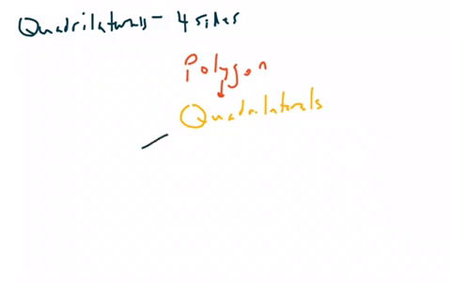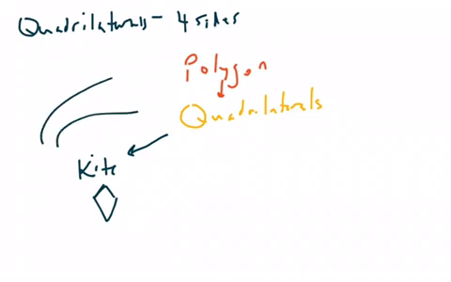Over here we could have something called a kite. A kite has 4 sides because they're all quadrilaterals. It's closed and has straight sides, so it's a polygon, but it's a specific quadrilateral called a kite, and that has adjacent sides congruent, meaning this side and this side are the same size, and this side and this side are the same size, and adjacent means they connect with each other.